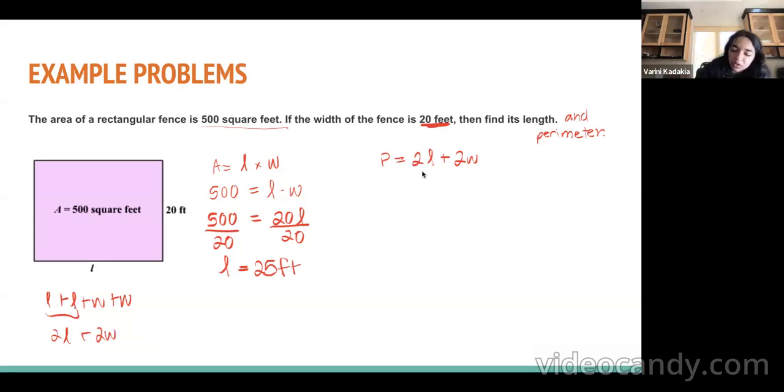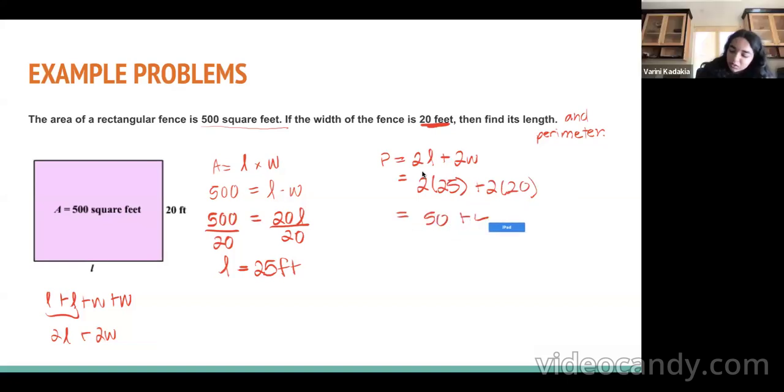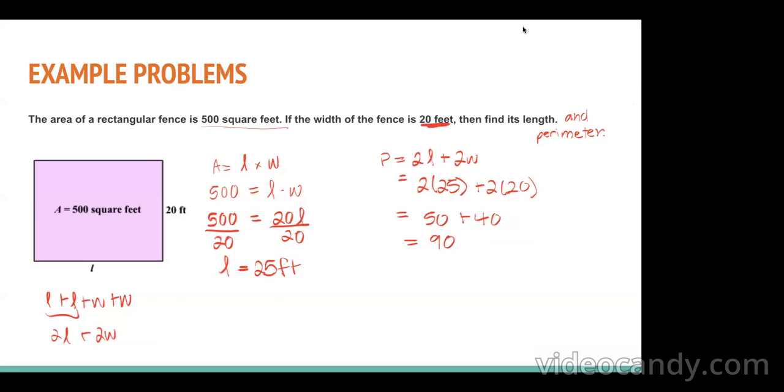So we're going to get 2 times 25 plus 2 times 20. This gives us 50 plus 40, which is 90. What are my units? Feet. Yeah, just feet.